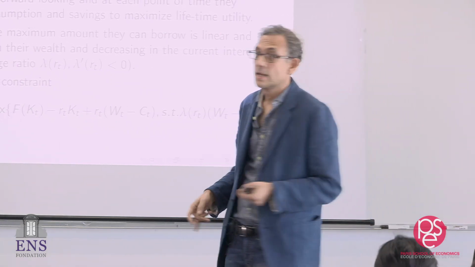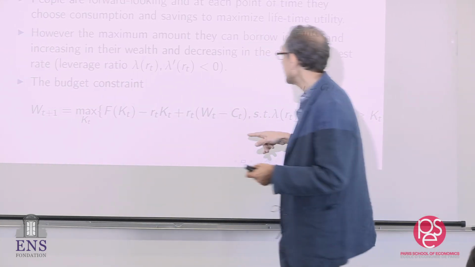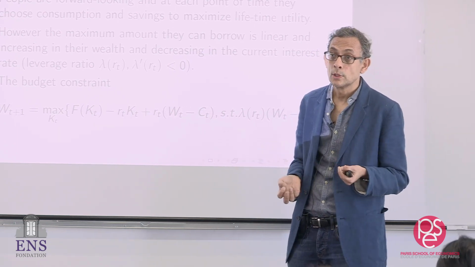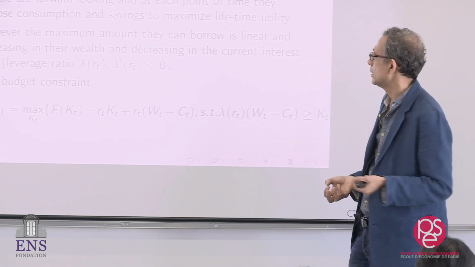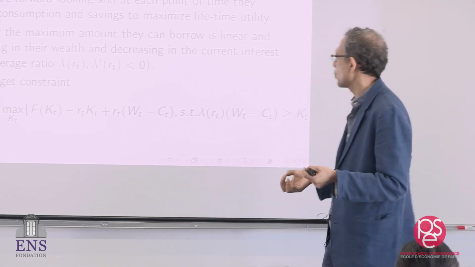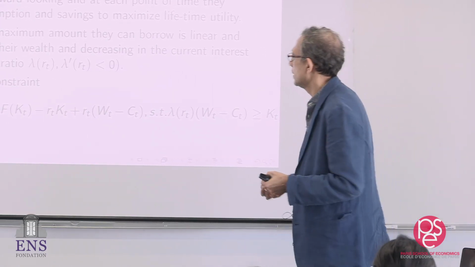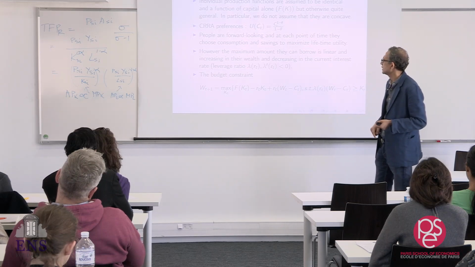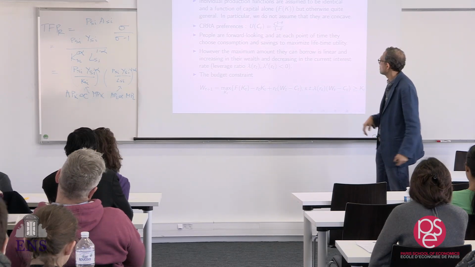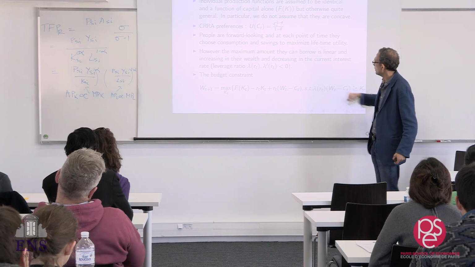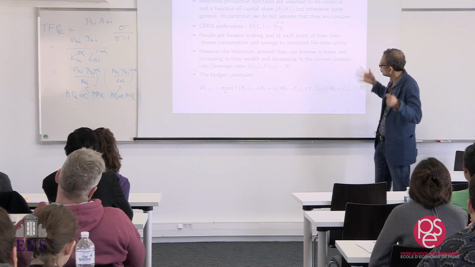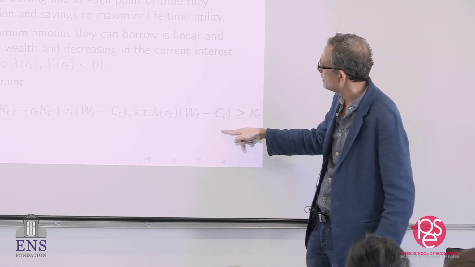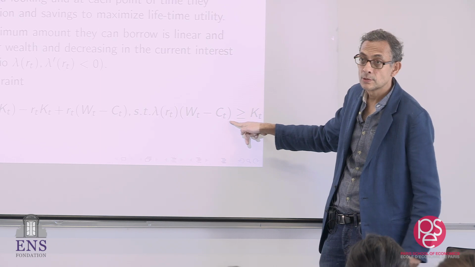Okay? Now that gets multiplied by a certain amount because you can borrow some lambda multiple of that, or lambda minus 1 multiple of that. So the total amount you can invest is bounded above by this multiple.